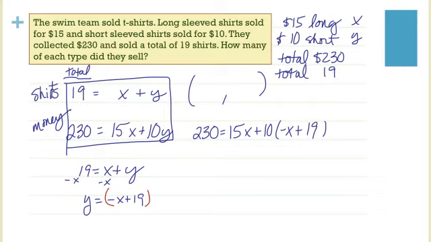So I can distribute. I have 230 equals 15x minus 10x plus 190. Worked out nicely that I used x too.